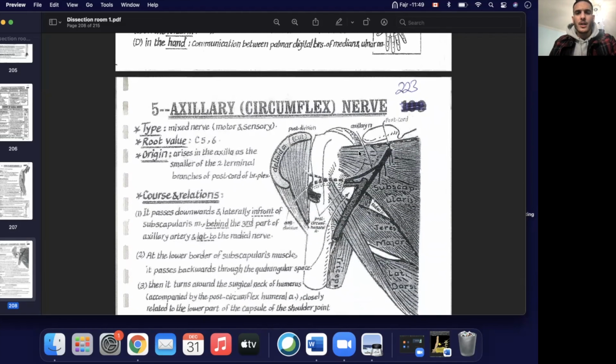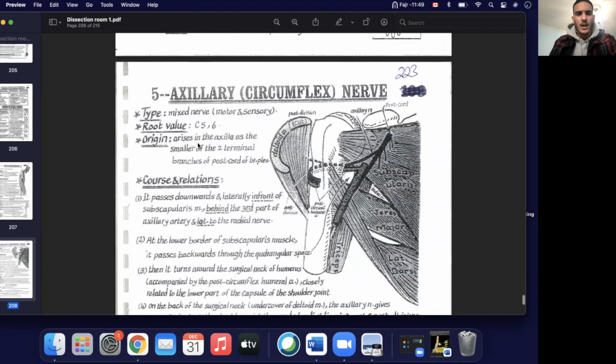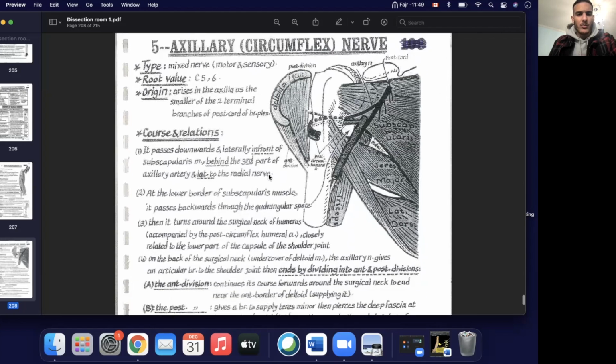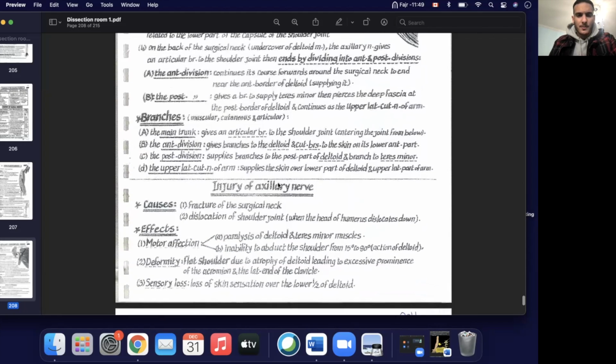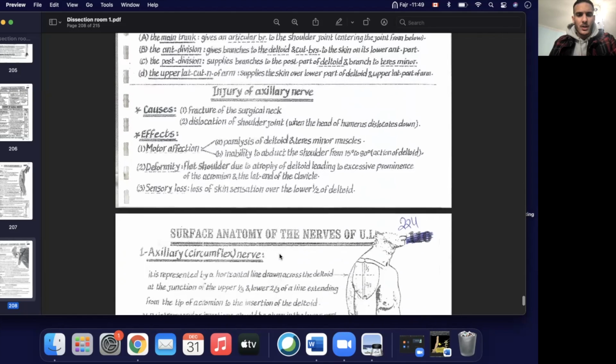And then the axillary nerve originates in the axilla, as a branch of the posterior cord of the brachial plexus. Know the course, relations, and branches. You don't need to worry about the injury.